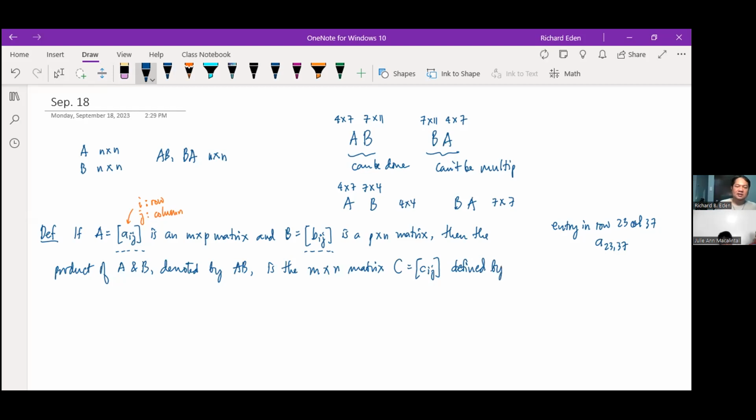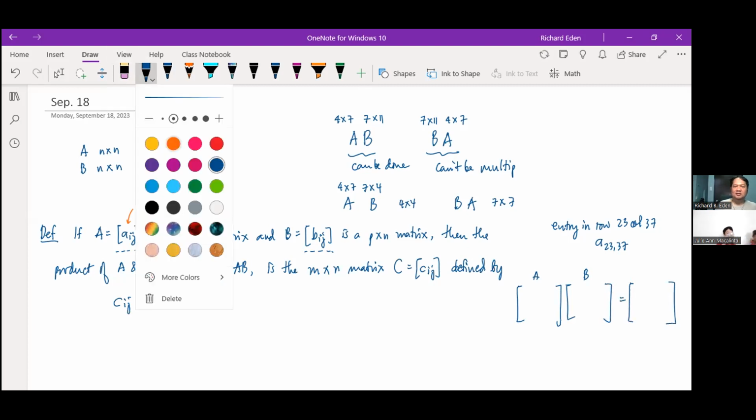So the idea is we do it like this: C sub ij. We have matrix A, and then we have matrix B. These look like square matrices, but just for convenience, let me make it look like a square matrix.